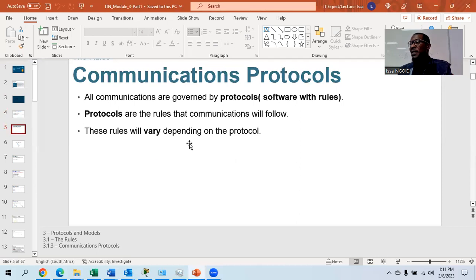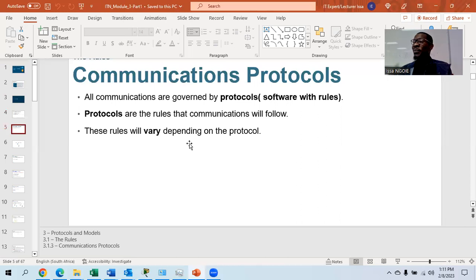As I said, very, very important, right? When you create your network, your devices need to speak the same language. Your devices need to follow the same principles, the same rules.